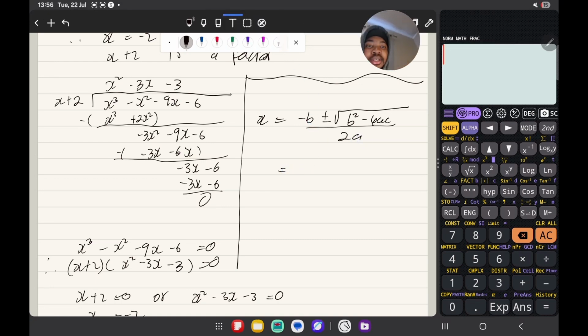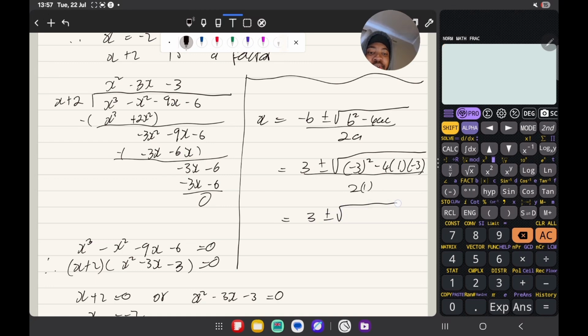Minus b, that is going to be a positive 3, plus or minus square root of minus 3 squared minus 4 into 1 into minus 3, over 2a, which is 2.